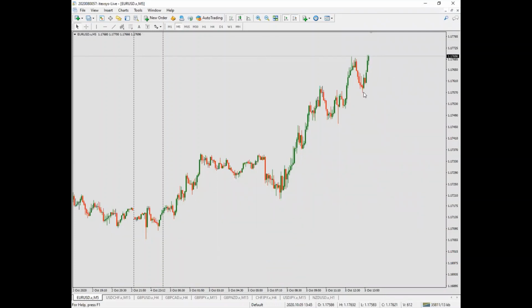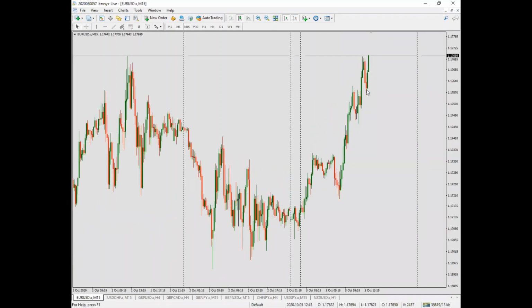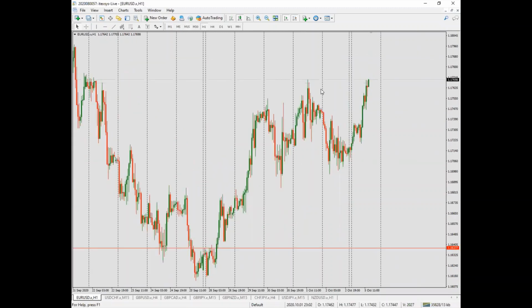I do believe that if I was in this position, I would roll my stop loss at least to break even now. And so that's how it looks in this 15-minute chart. But at the moment, I won't use this demand because we just arrived at this resistance, as we can see in this hourly chart.